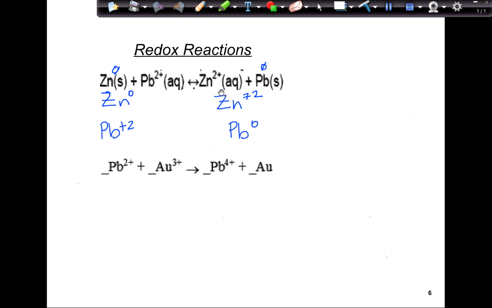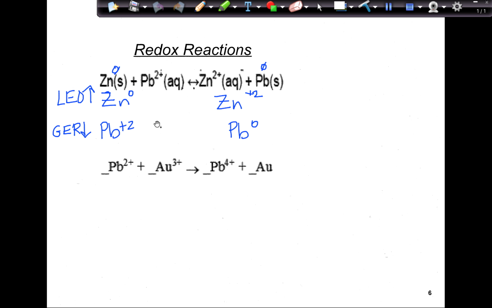Remember that when the charge goes up, 0 up to plus 2, we call this oxidation. Losing electrons is oxidation and the charge goes up. When we're talking about the charge going down, we label that reduction.